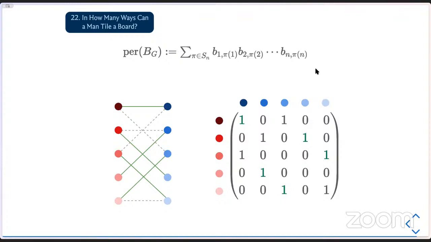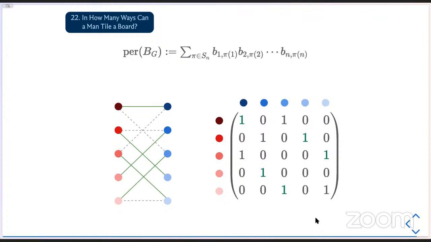Okay, so fix a matching in the graph that naturally corresponds to a permutation, and hopefully that's clear. For instance, this is highlighted on the slide. You have a matching on the left that corresponds to this permutation that you see on the right. The permutation says 1 goes to 1, 2 goes to 4, 3 goes to 5, 4 goes to 2, and 5 goes to 3.